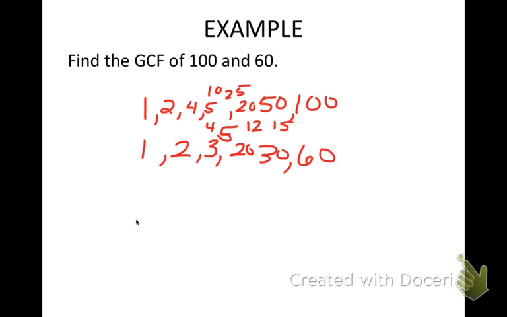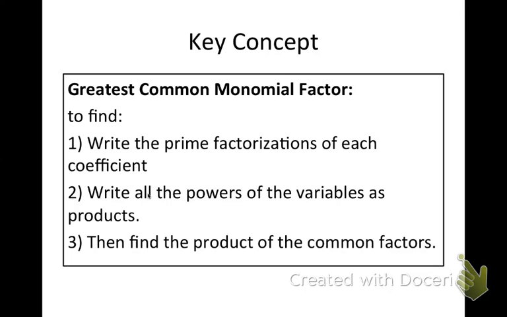All right, so what happens if I now put variables in with it? Now instead of a GCF, we are making it into a GCMF, the greatest common monomial factor.